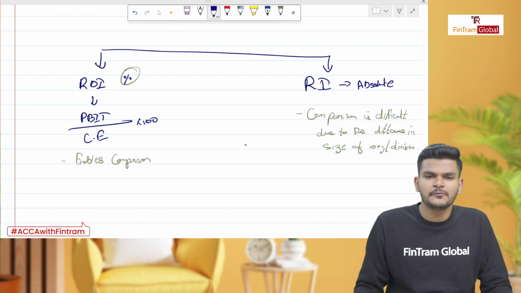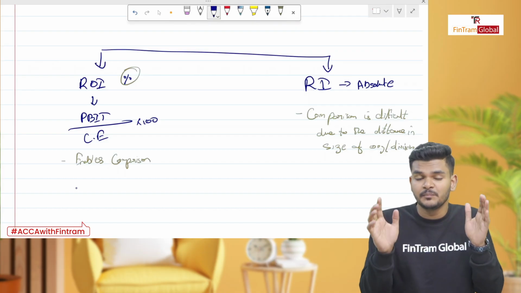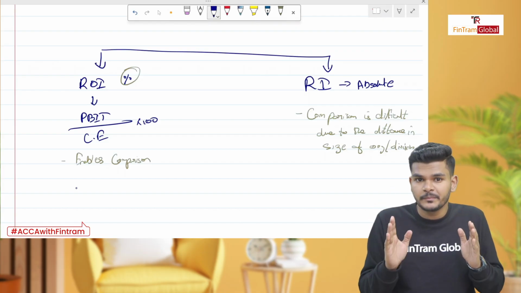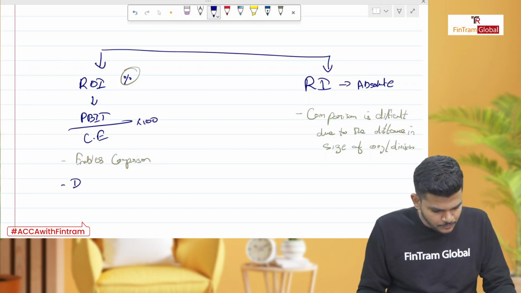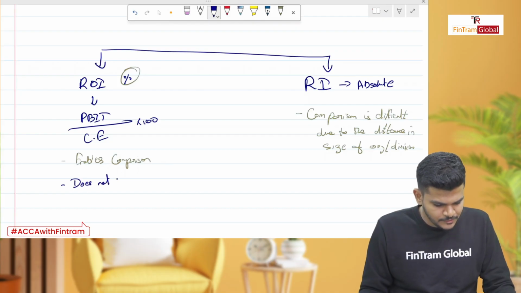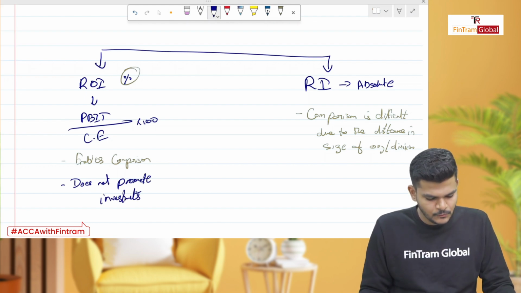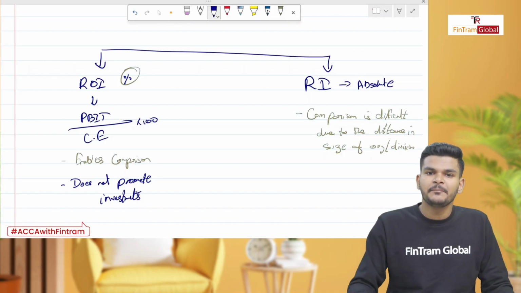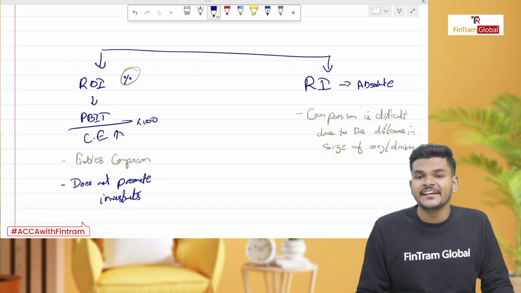And is there any disadvantage of ROI? Most definitely yes. Okay, folks. The most crucial disadvantage that you have to remember for the exam is that ROI does not promote investments. Why is that? Because if I make an investment, then my capital employed will increase, right?